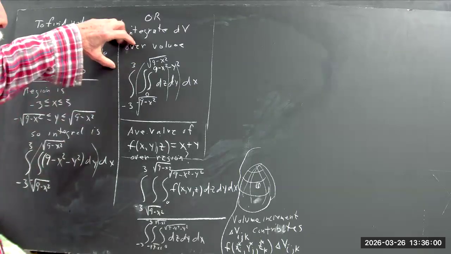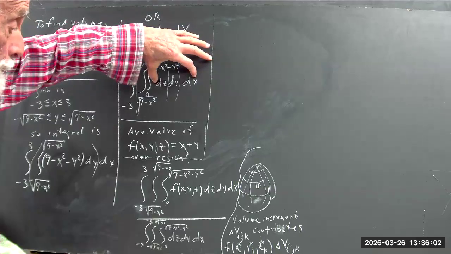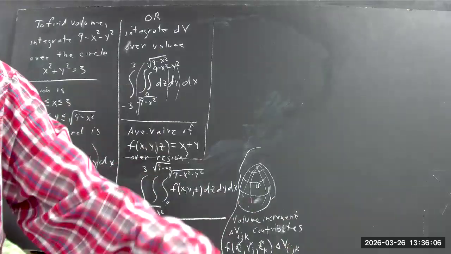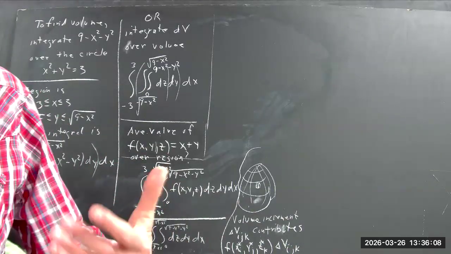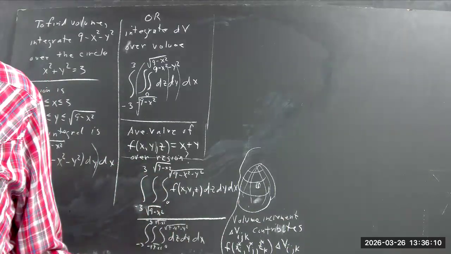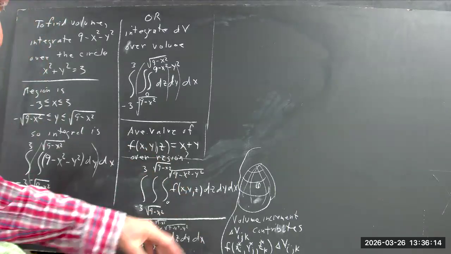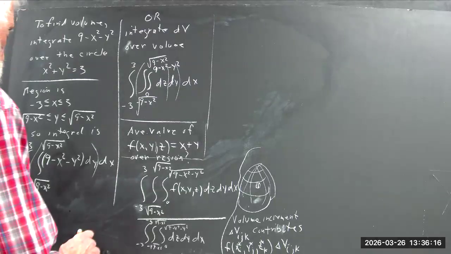This is just the integral of your volume increment, which is going to give you the total volume if you got the limits on the integrals right. This is the same integral. You can't read it down here, but it's a volume integral.